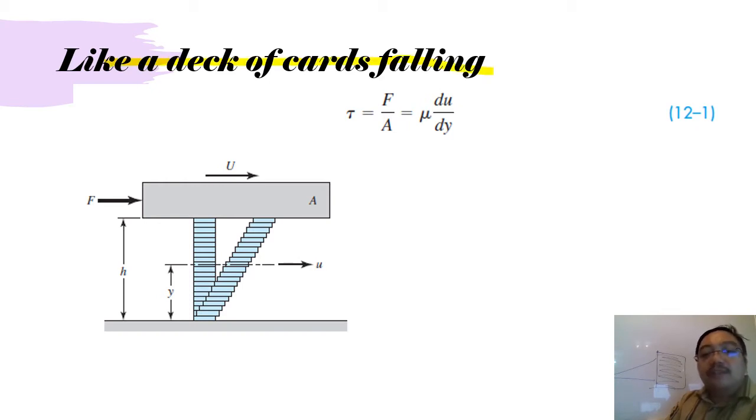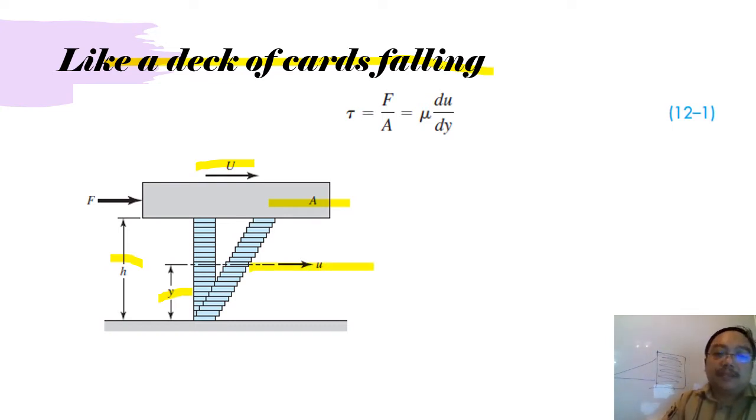The book wants to resemble how viscosity happens. You can see here the force F, the U, the A, the H, the V, the Y, and mu.